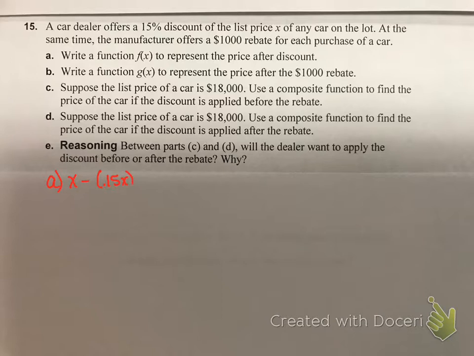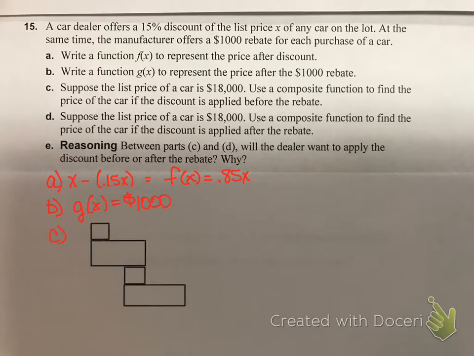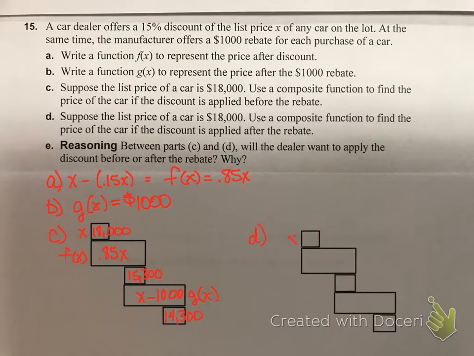Okay, for our discount A, f of x is equal to 0.85x. B is g of x, which is our rebate. It looks like I wrote g of x incorrectly on my B. Let me fix that.